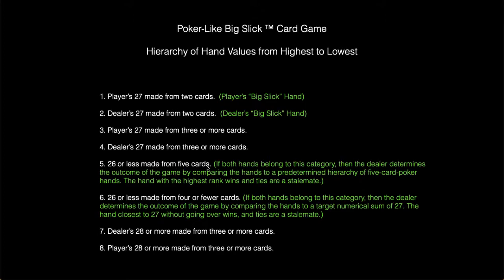If the player or the dealer makes a hand of 26 or less made from 5 cards, that's considered what's called a qualifying 5-card poker hand. It's no longer treated as a hand with a numerical value. It's now a poker hand, and it will outrank every other hand that is counted as a hand with a numerical value, except for hands that have a numerical value of 27.